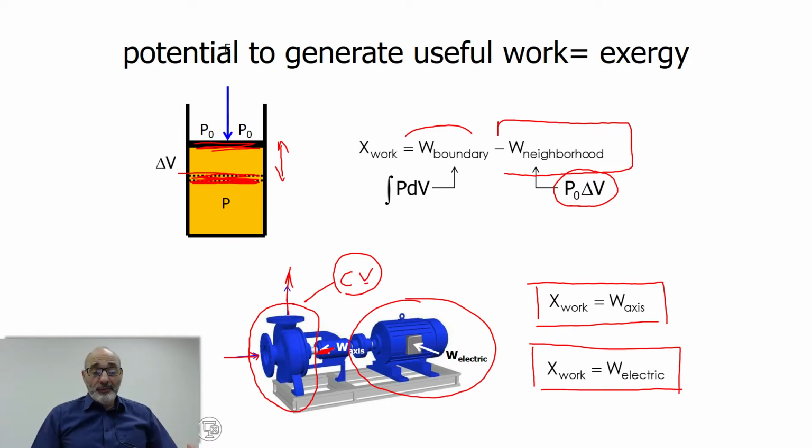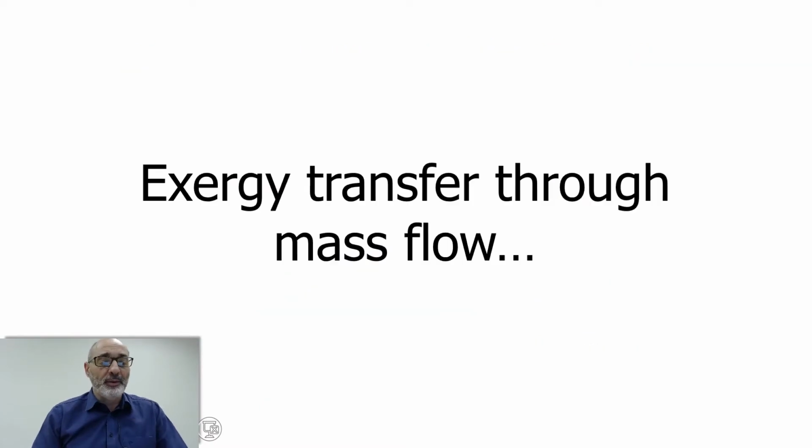So for the open system, I don't have to take into account the work spent to compress or expand the atmosphere, because usually our surfaces are not deforming, as is the case in these two examples, the hydraulic pump and the electric motor. So it's very simple.